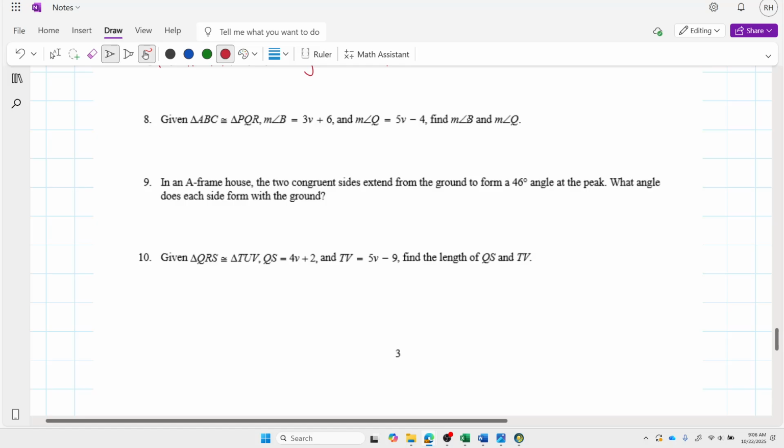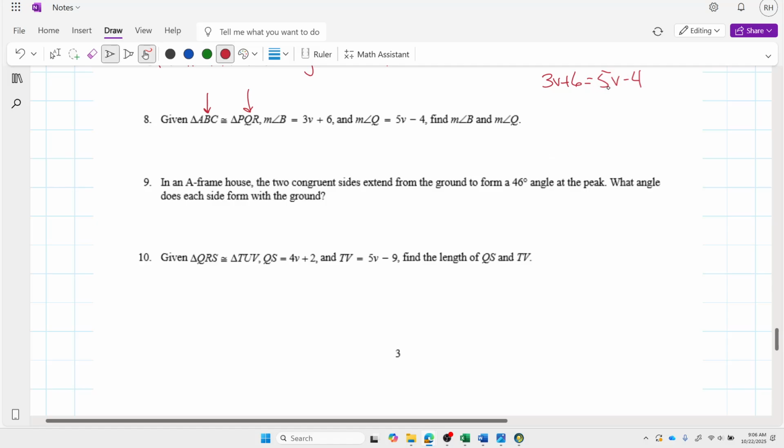Find the measure of angle B and the measure of angle Q. Well, for the two angles that are given, the B is in the middle and the Q is in the middle. So if they're both in the middle of their congruence statement, then they're equal to each other. Angle B is equal to angle Q. So 3V plus 6 is equal to 5V minus 4.